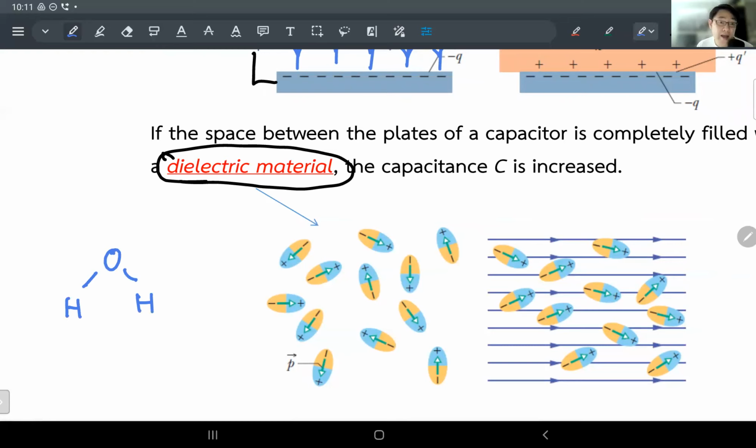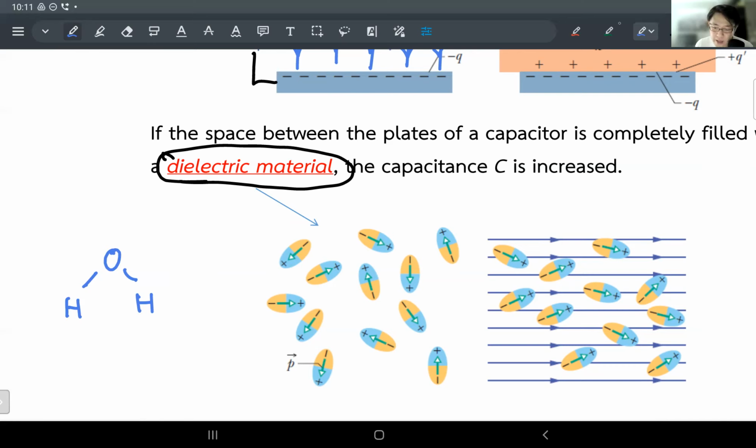Of course, the water molecule is just neutral. That's no big deal. But in reality, when you look a little deeper, and if you still remember the term electronegativity, I don't know if you're familiar with that, the oxygen has more electronegativity. This is just another way of saying that electrons tend to spend more time around oxygen than the hydrogen atoms.